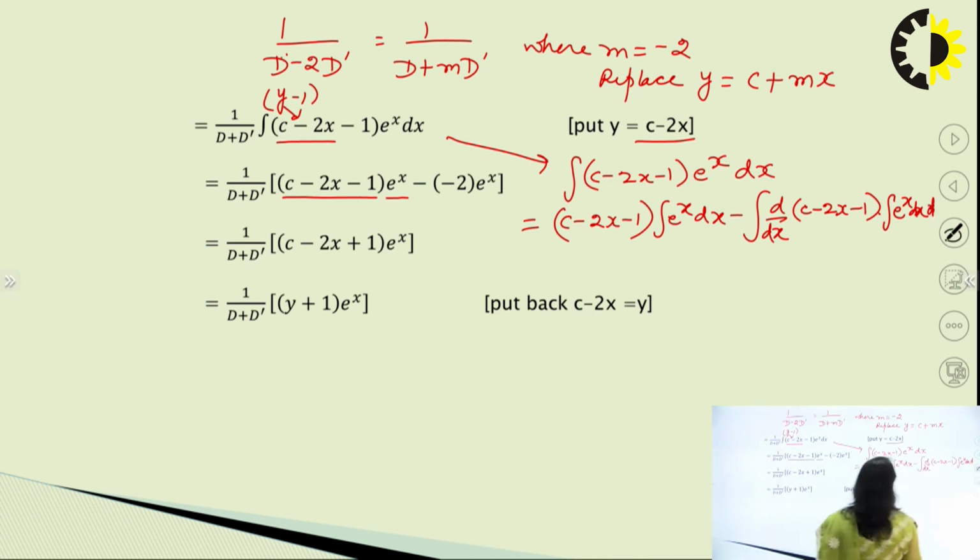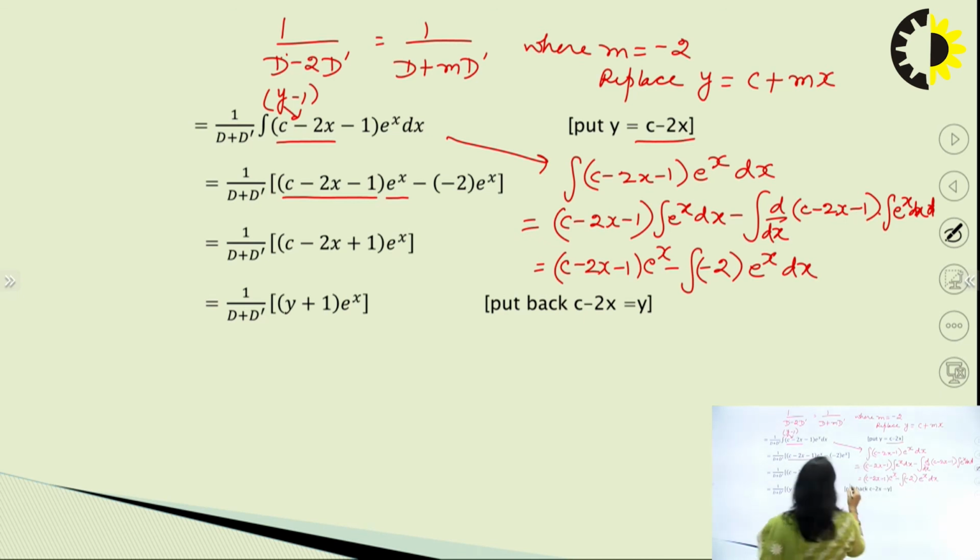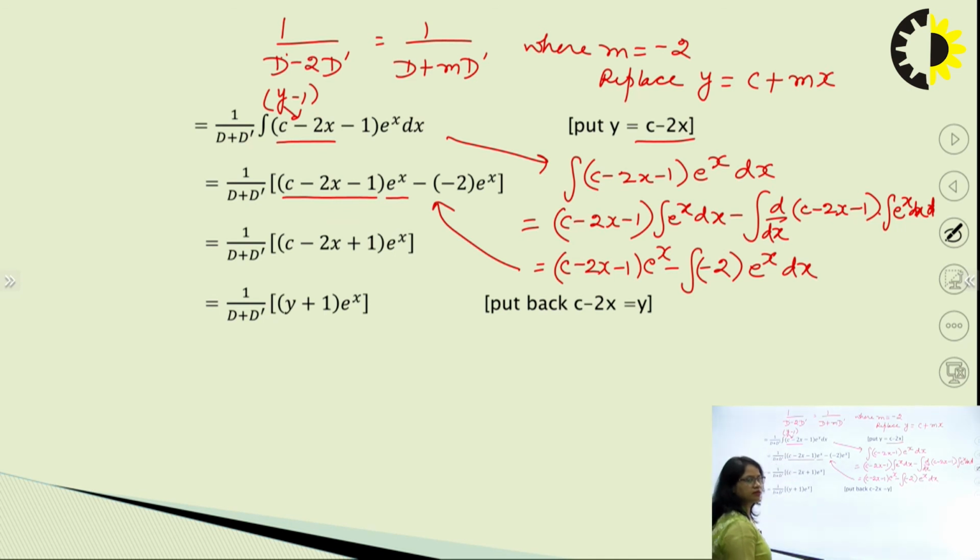So we are having this value equal to (c - 2x - 1) e^x minus the derivative of this function, which is -2, times e^x dx, and this gives me this integral value. So I am having this integration which can be seen written over here.